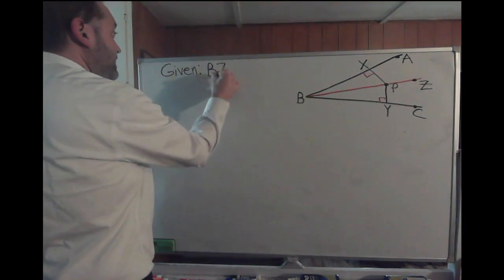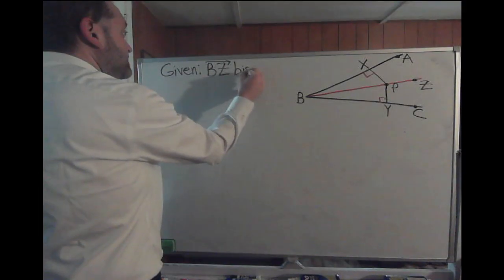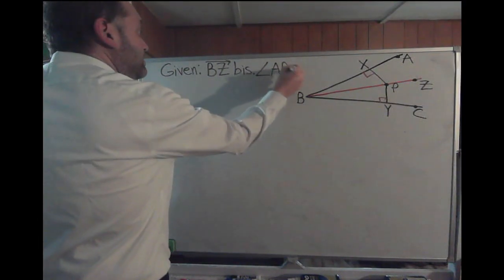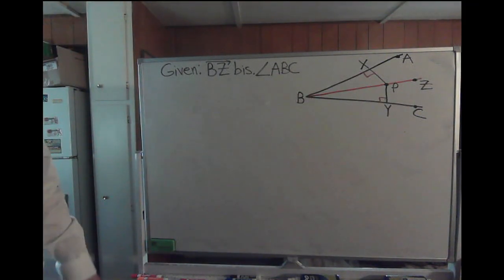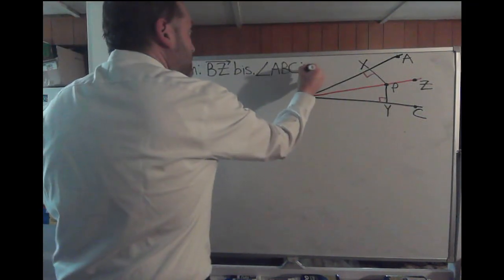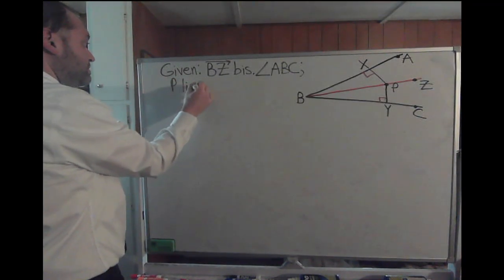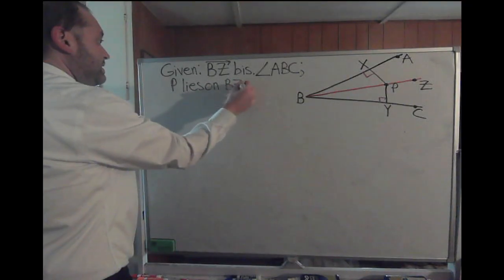We are given that ray BZ bisects angle ABC. Are we given anything else? We are given that P lies on ray BZ.